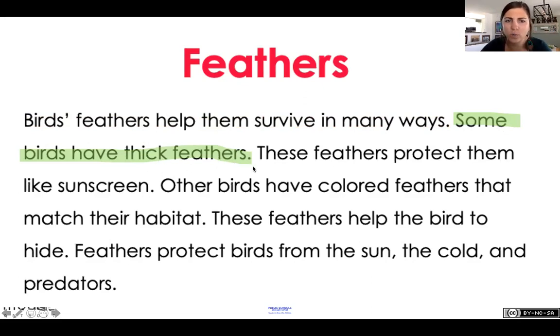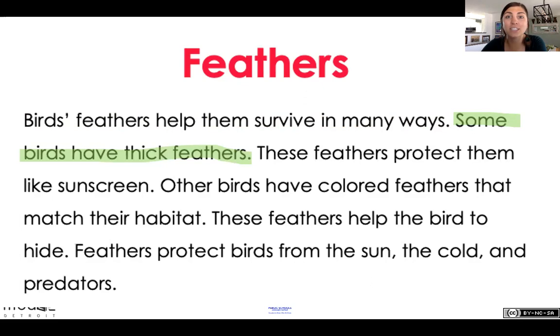Let's actually take a look at the word feathers. Feathers is a noun. It is a person, place, or thing. It's a thing, right? So some birds have thick feathers. What part of speech is thick? We've been talking about this. Remember that ice cream cone with a little bit of sprinkles on it?